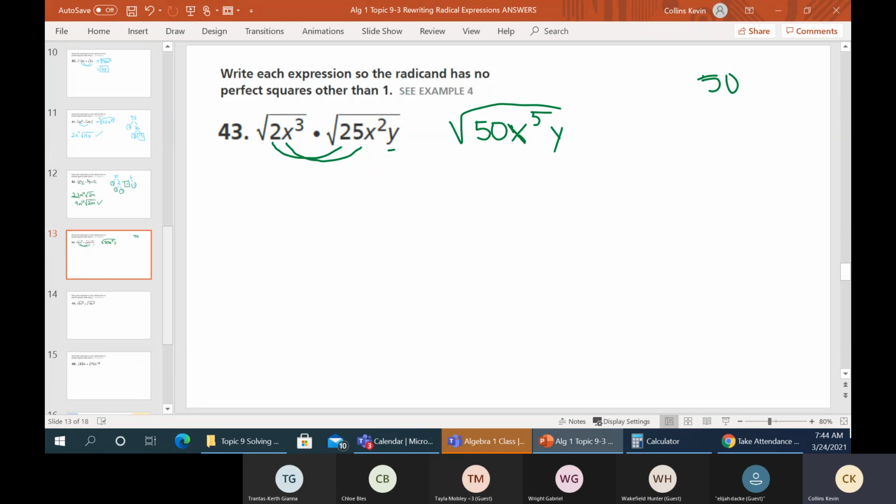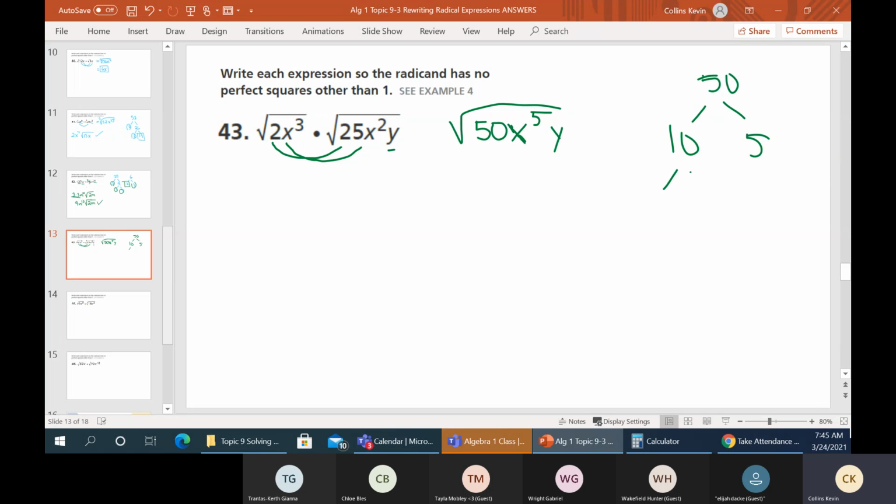What can we divide 50 by? Pick a number, it all works out. 10. Okay. So that's 10 times 5.